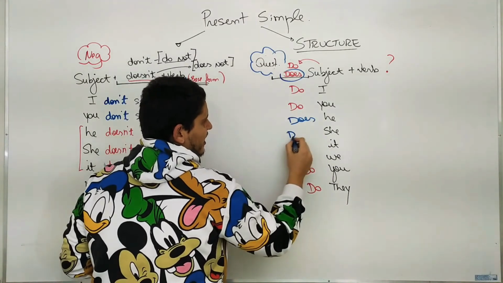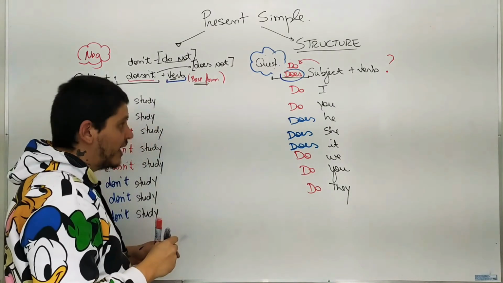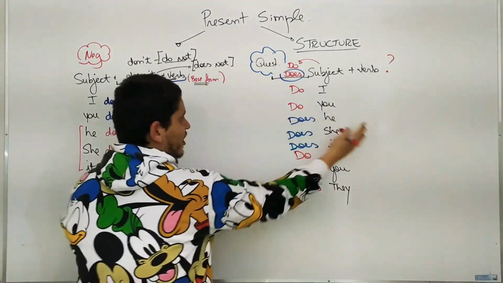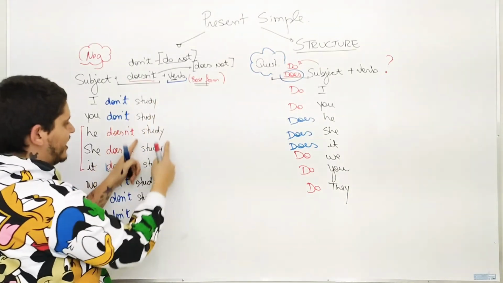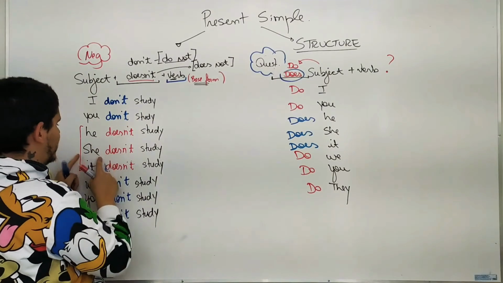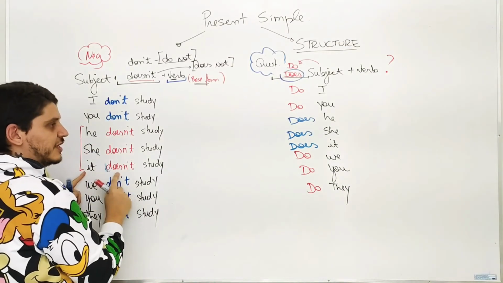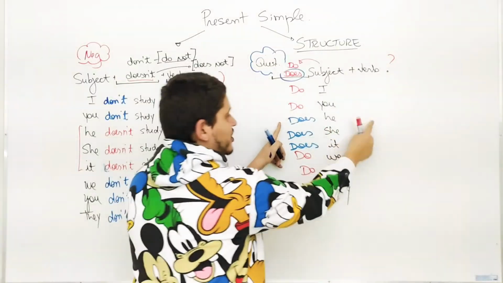Does he, does she, does it. And after that we have a verb. The verb here follows the same as what happens here. You see, the verb never changes, not even for he, she, and it, because we have does here making the difference, so it doesn't change.